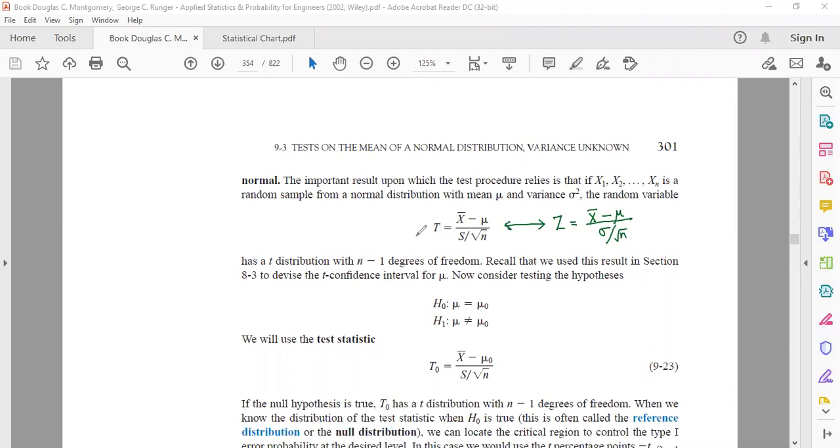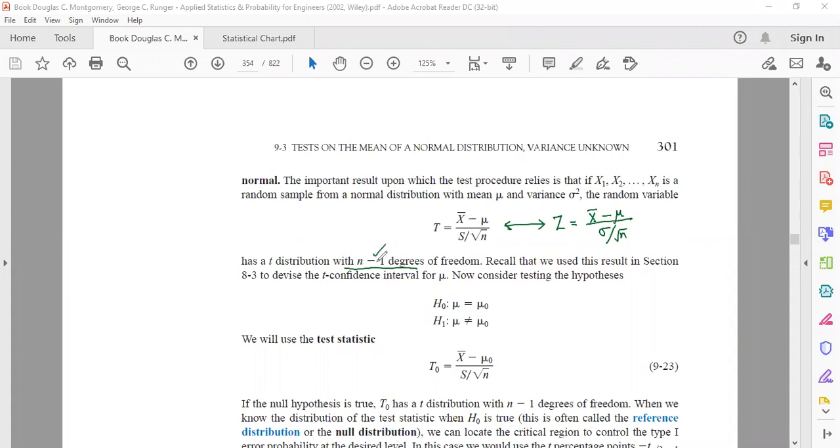That means the probability density function of this statistic has the form which I wrote a few minutes ago. Another important statement is mentioned over here, which is called degrees of freedom: this particular statistic follows the T distribution with n-1 degrees of freedom.